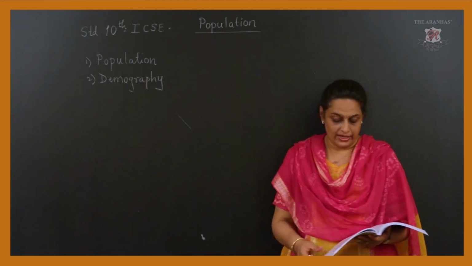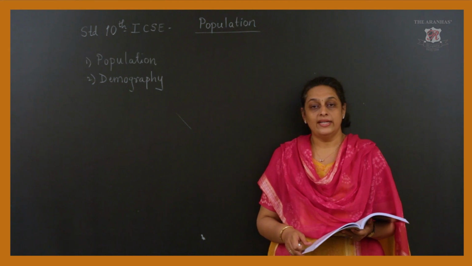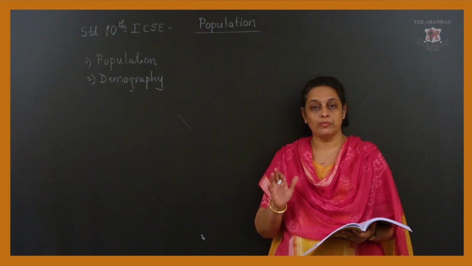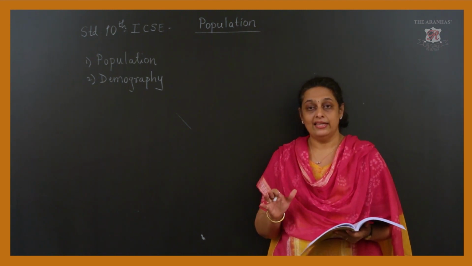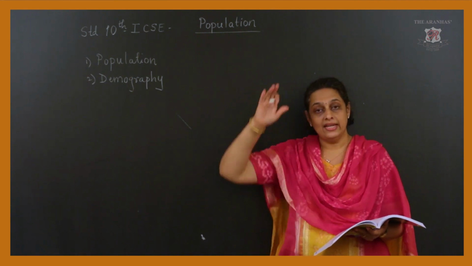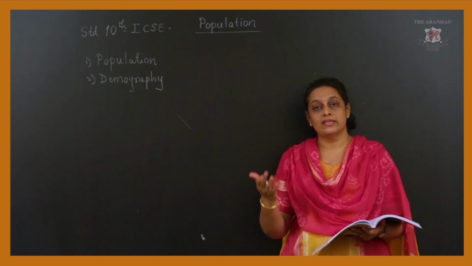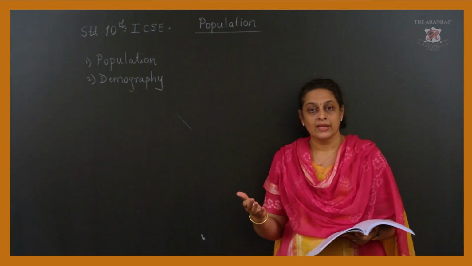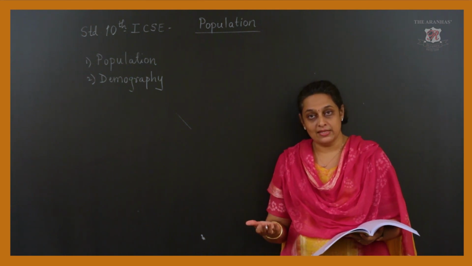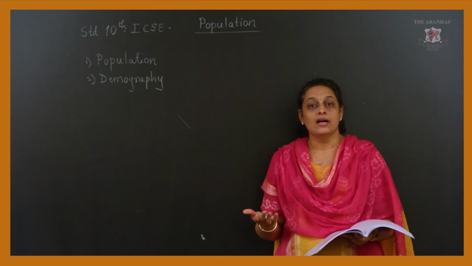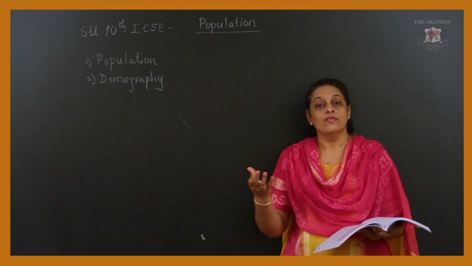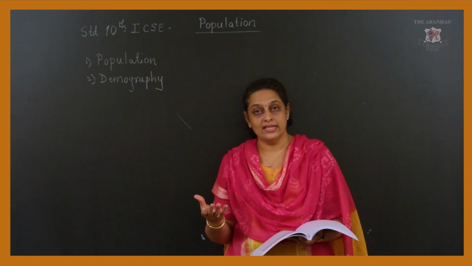Demography is the quantitative and statistical study of human population, and in demography, we deal with what the birth rate is, what the death rate is, what the ratio of males and females is with respect to each other, where the population is thin or where the population density is high.